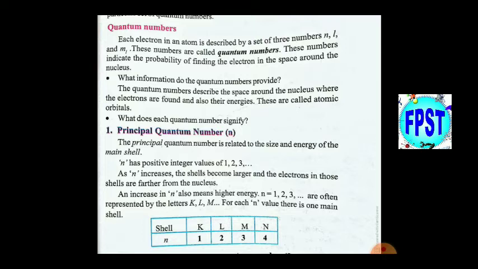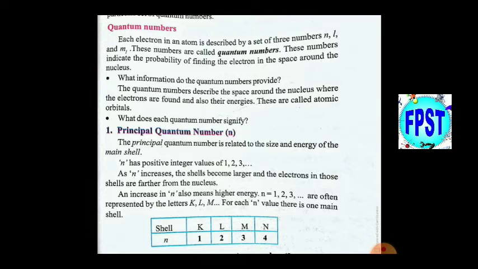So the region of space around the nucleus where the probability of finding the electron is maximum is introduced as the orbital, means the region of probability of finding an electron is called the orbital. Somewhere we could not find the electron around the nucleus, that plane is called the nodal plane.